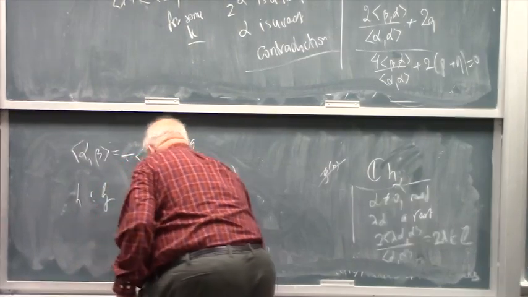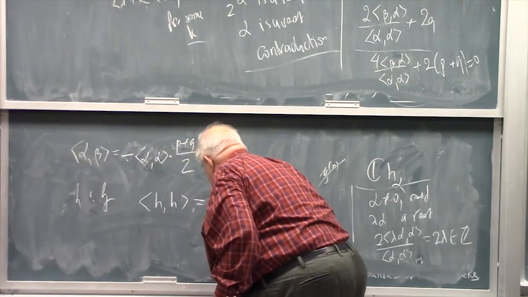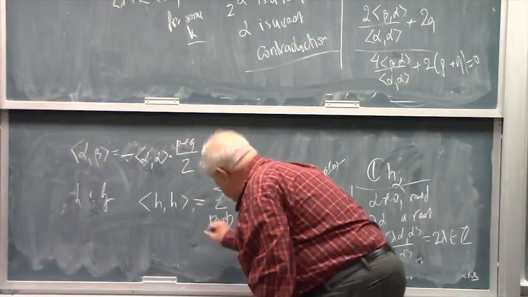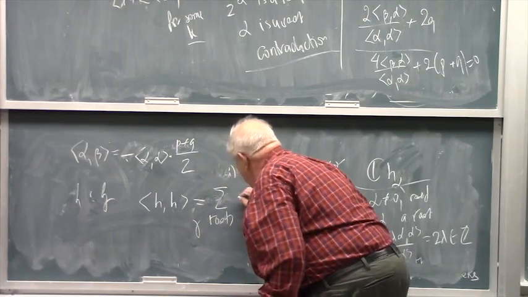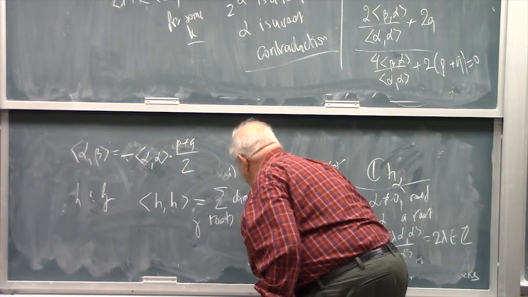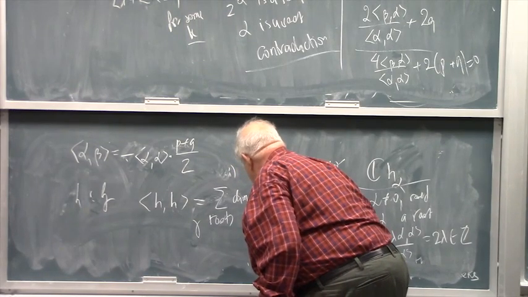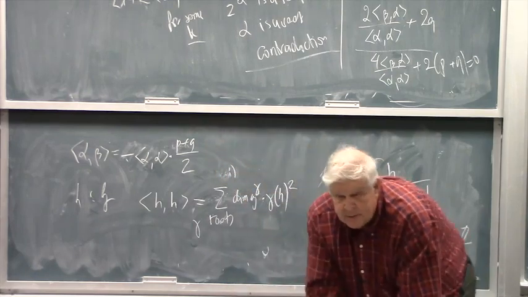This is equal to the sum over gamma, roots, of dimension g_gamma times gamma of h squared. What about this formula?